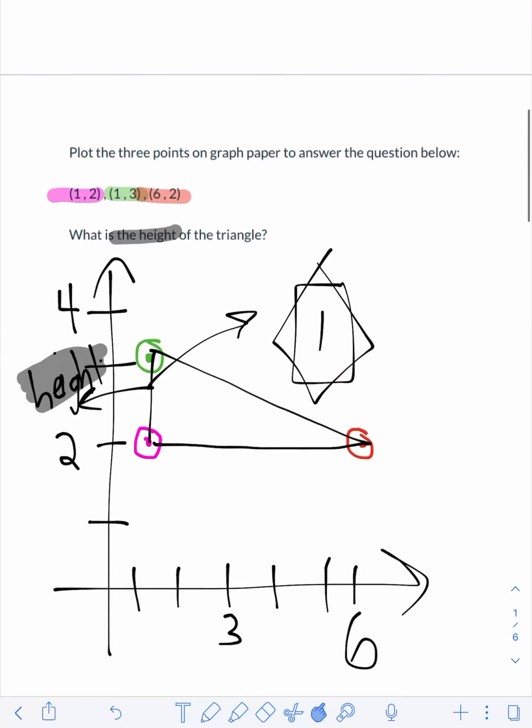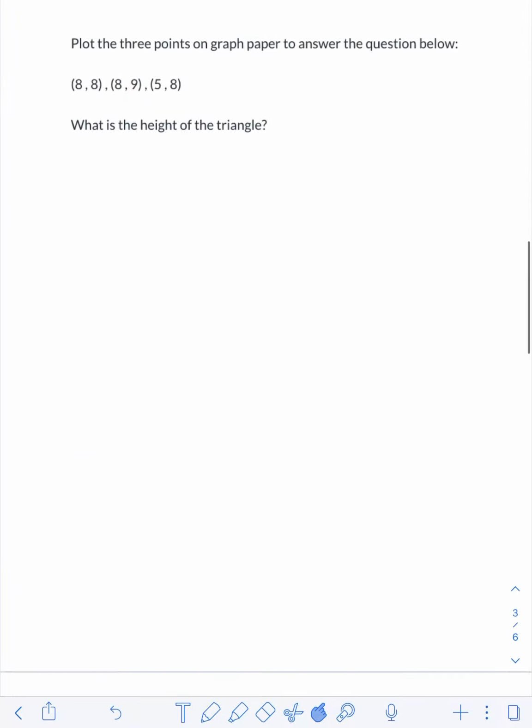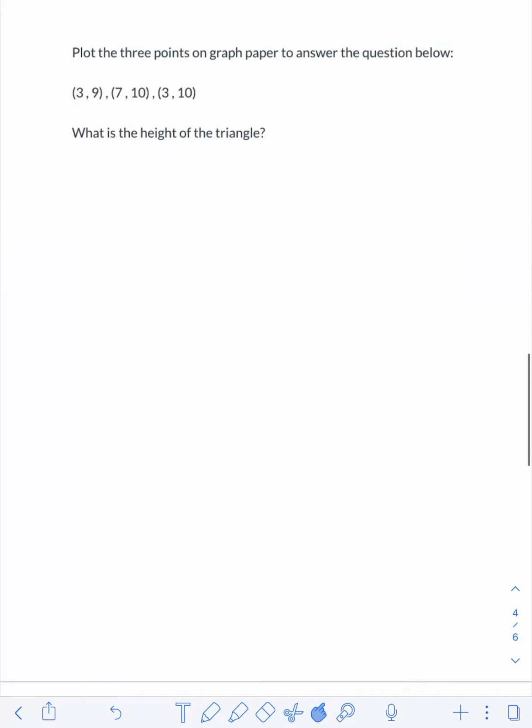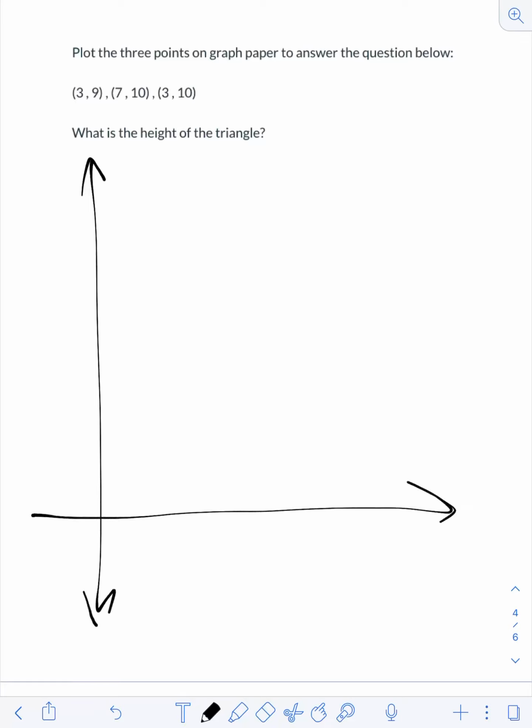Okay? Now, what if it didn't look like that? What if it instead looked like this one? So let's see. There's no negatives. So graph it like that. Now, 3, 7, 3.